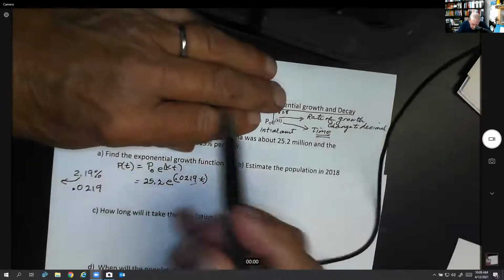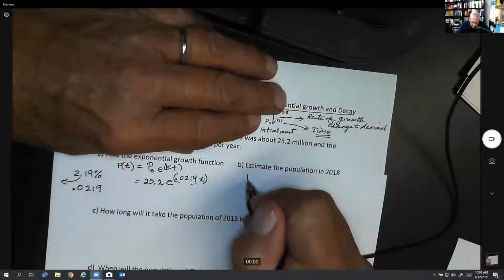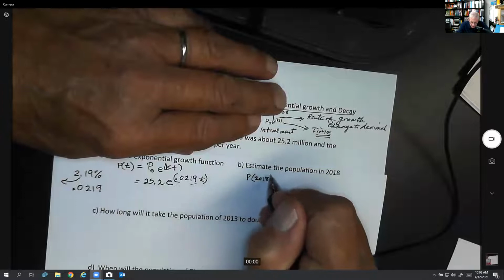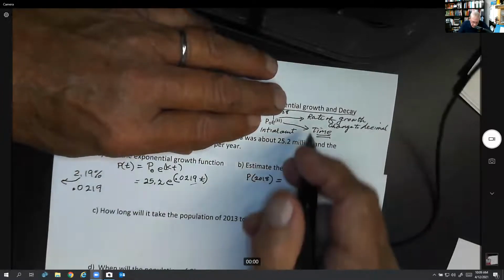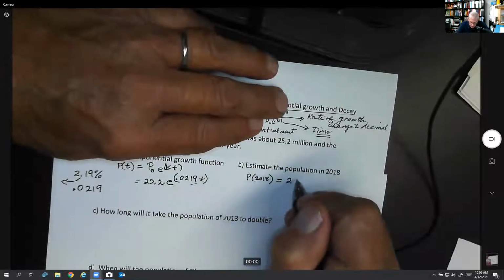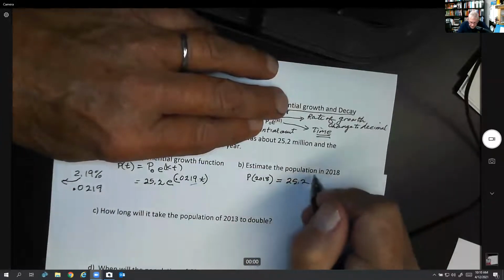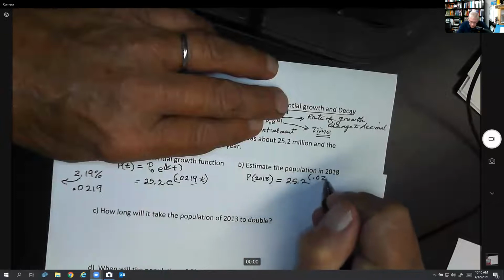Okay, so we're going to put this into this formula. The population in 2018 will be equal to the initial population, which is right now 25.2. We're using this formula, 0.0219.